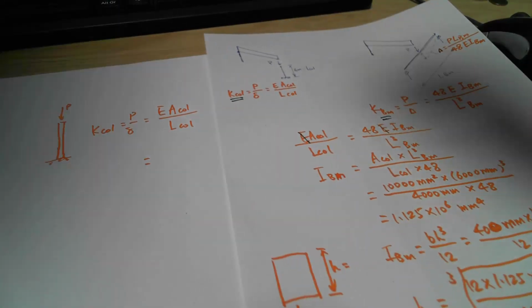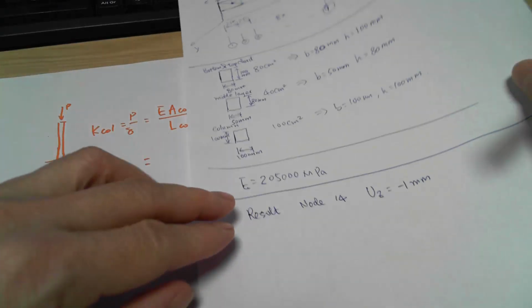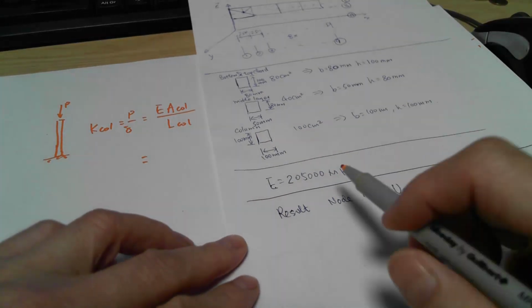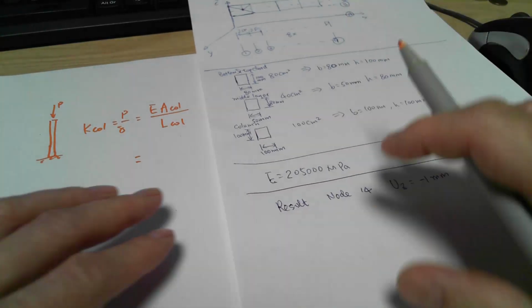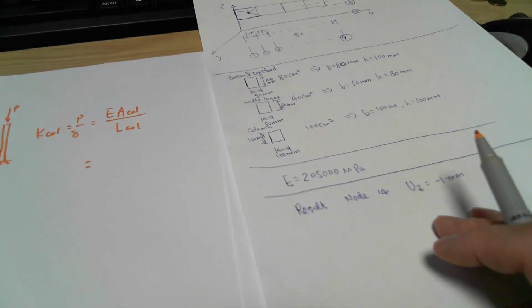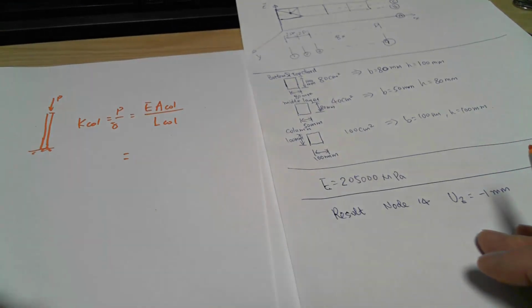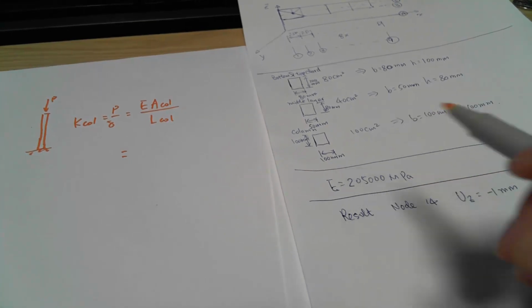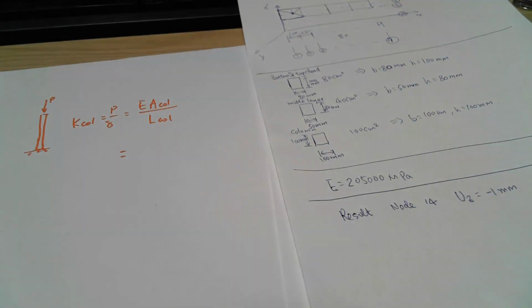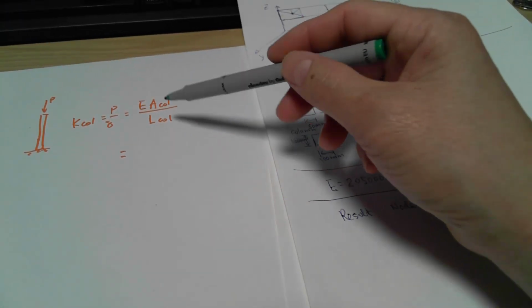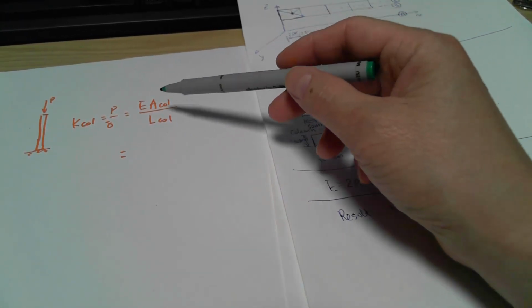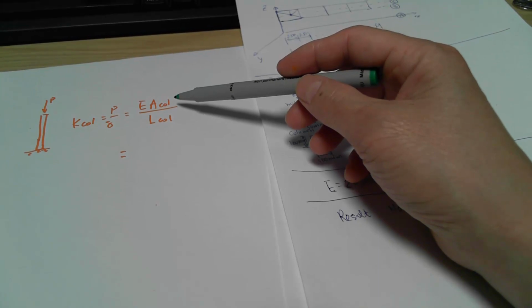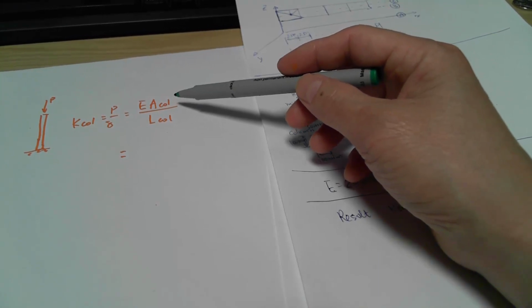Let me figure out where it is. As you can see here, it is 205 megapascals. This 205 megapascal we need to convert into our stiffness units. We're going to use kilonewton and meter as the unit for this one.